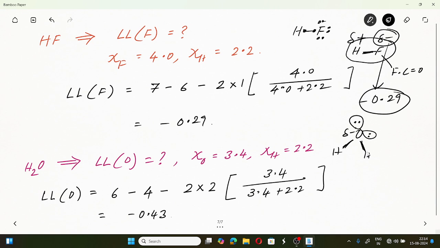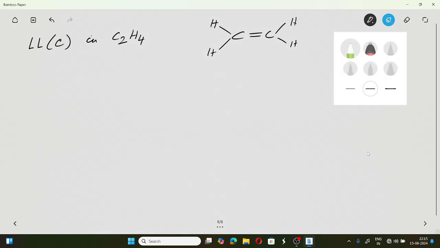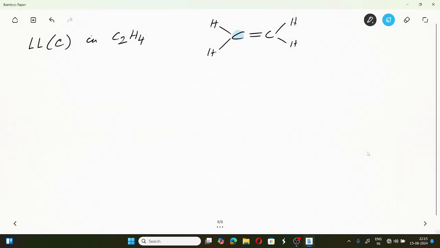Another example, let us give another example. Suppose you are asked to find out the Lewis-Langmuir formal charge over carbon in C2H4, ethylene. So you know that this is the ethylene molecule, and we want to find the Lewis-Langmuir formal charge over this carbon.